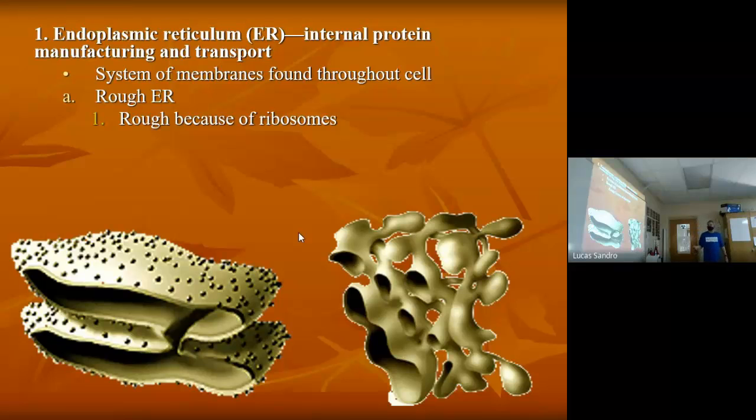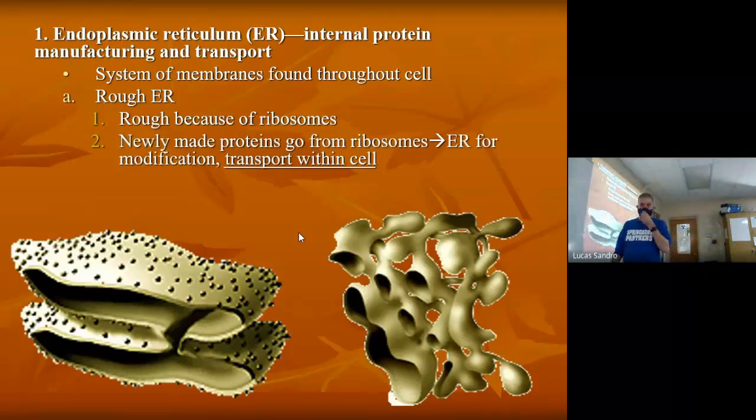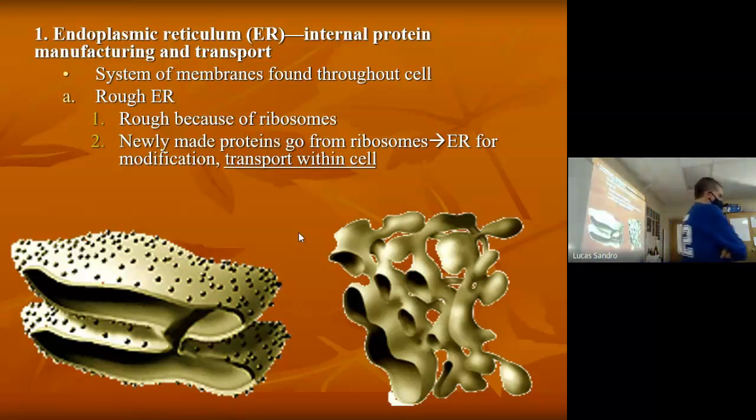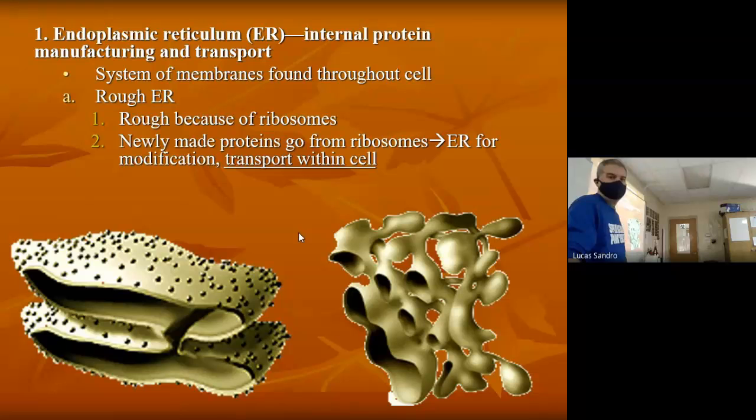And then those proteins kind of just get dumped right into the middle of the ER and get messed with and then sent somewhere. So newly modified proteins go from the ribosomes in there. They get modified. Sometimes they get stuck together with other proteins. And then they get marked for transport. So that's the rough ER.